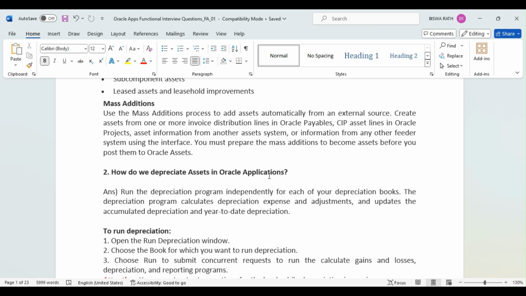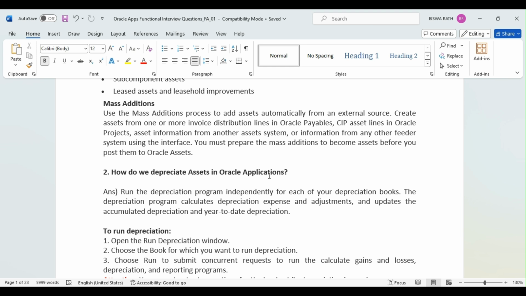Okay. Now, once this is provided, you can have your project asset information, which is coming from the different sources, right? So more of like through the mass addition program, you can add those asset into the system. It could be from your AP, or it could be from different sources, which is more of like the FBDI the Oracle provides.